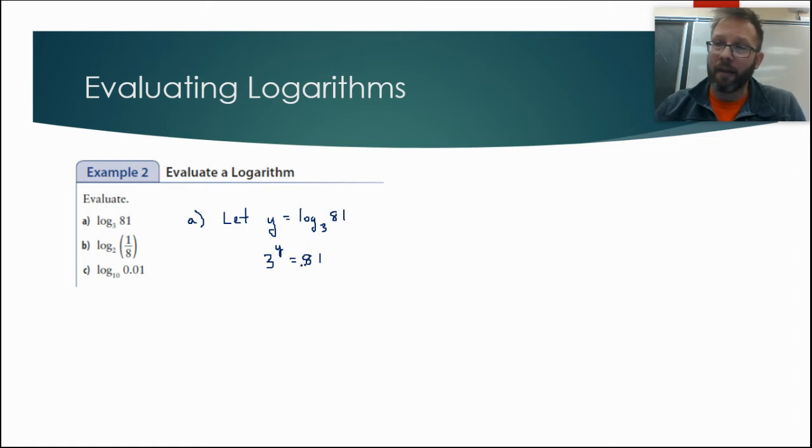This is just mathematically framing what I described earlier. 3 to what power gives you 81? Well, we know 81 is 3 to the power of 4. And so we can see, okay, y is equal to 4. So log base 3 of 81 is equal to 4.